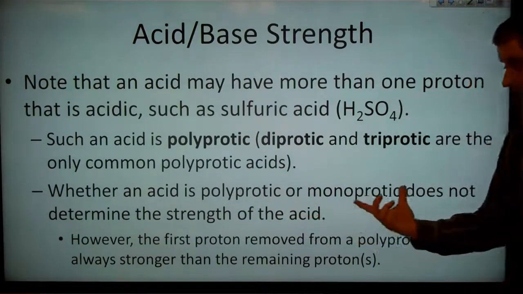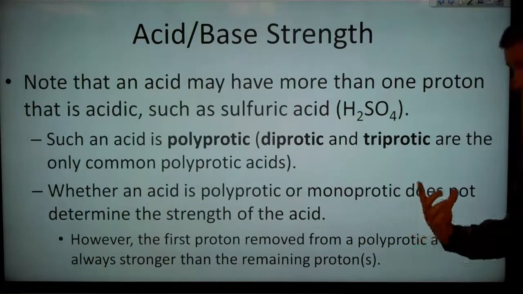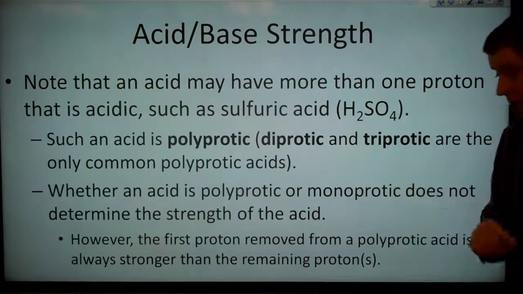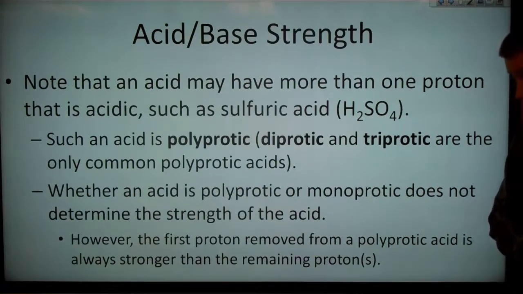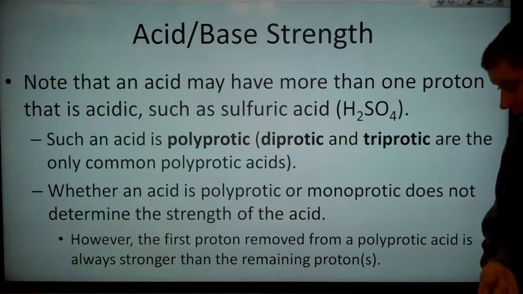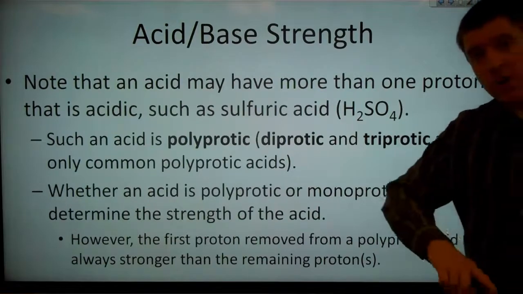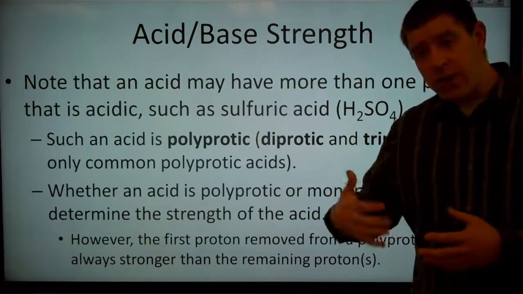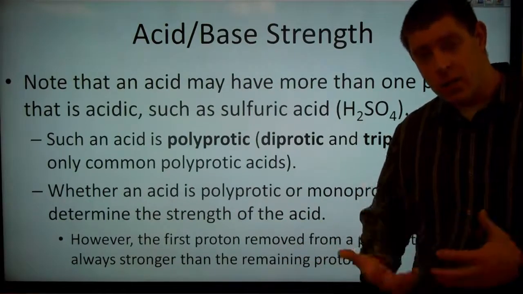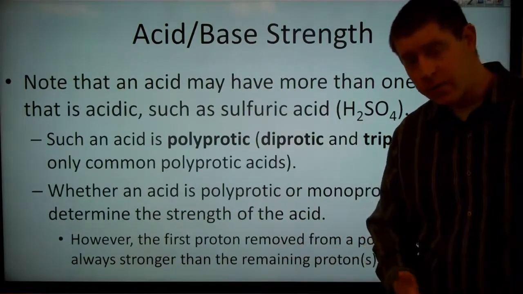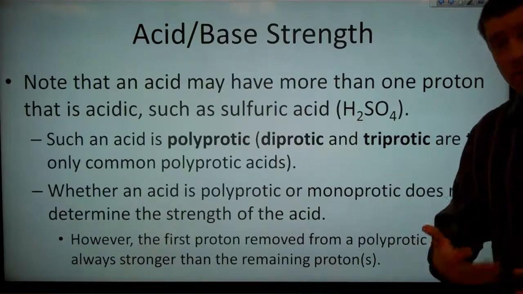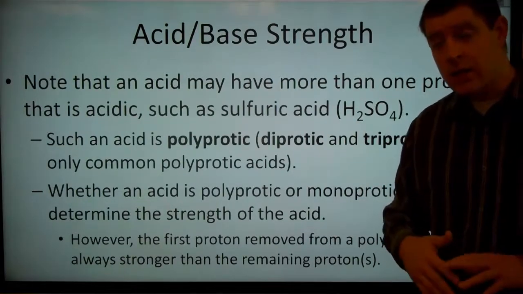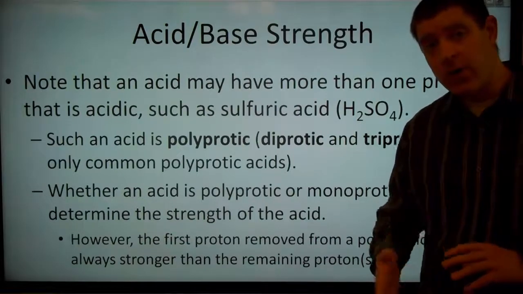So whether an acid is polyprotic or monoprotic does not determine the strength of the acid, but the first proton removed from a polyprotic acid is always stronger than the second, is always stronger than the third, and so on. So for every proton that you remove, the acid is getting weaker and weaker and weaker. Or alternately, for every proton that you add to a polyprotic base, that base is getting weaker and weaker and weaker.